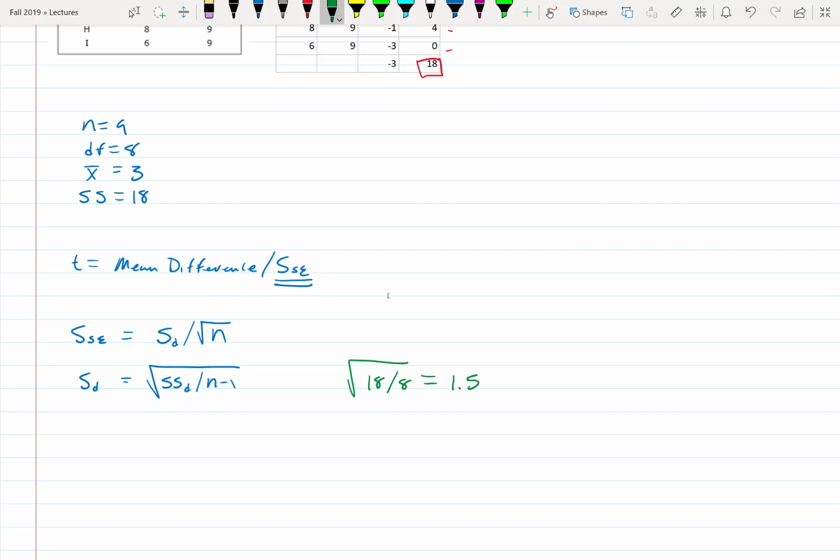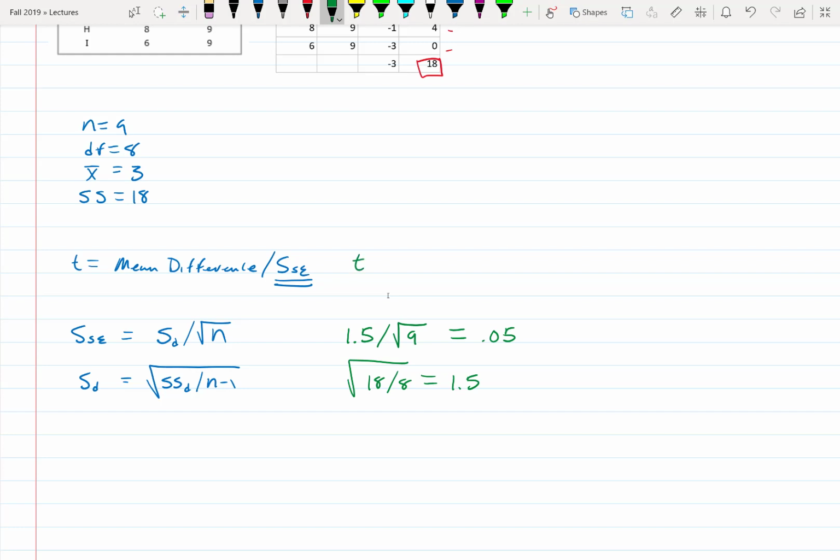1.5 after you take the square root. Now we're going to substitute that 1.5 into our standard error formula, divided by the square root of 9, and that is going to equal 0.5.